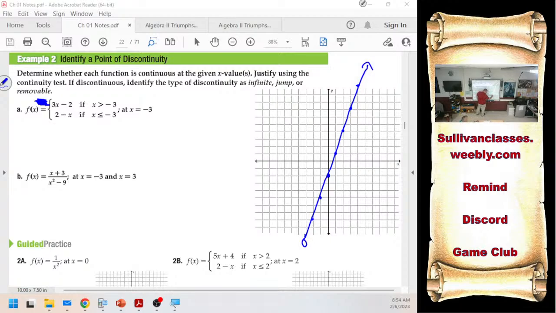And that is down 3 from there, so that's at negative 3, negative 11. So I'm going to follow that line from there off. I'm going to follow this line everywhere before that.